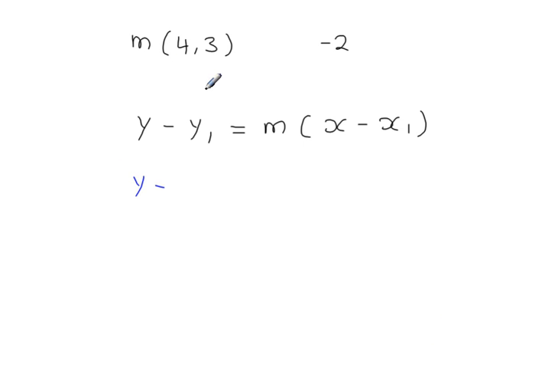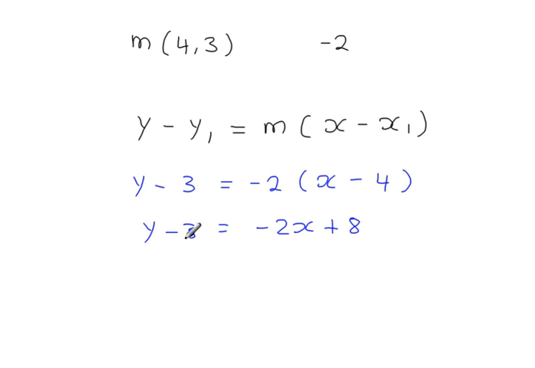So y minus the y-coordinate, which is 3, is equal to the gradient, brackets, x minus the x-coordinate. And then simplifying this, on this side we've got minus 2x. Minus 2 times minus 4 gives positive 8.